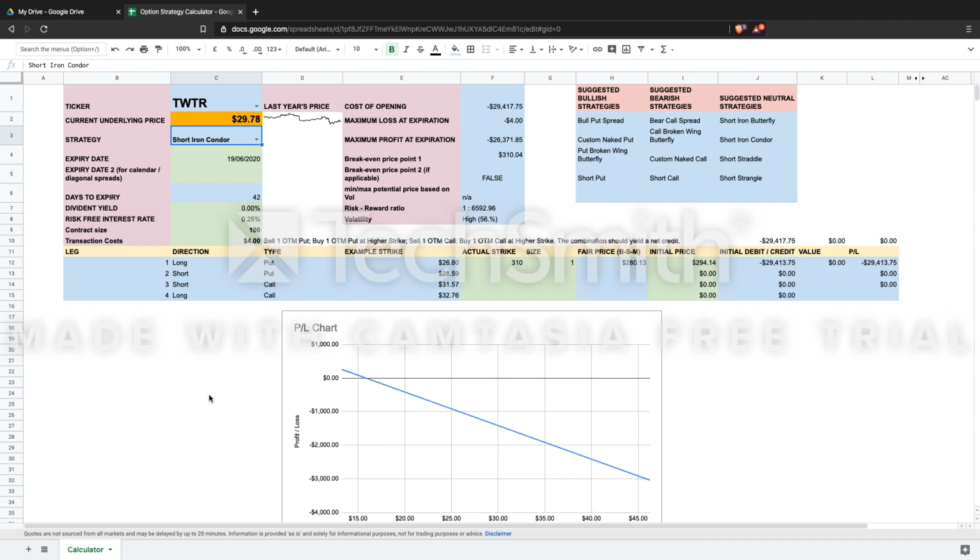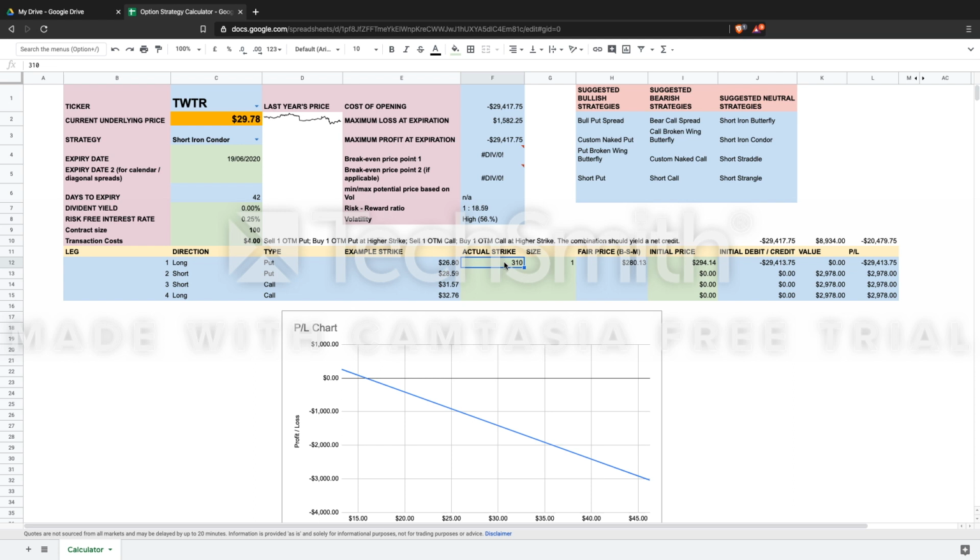And as I said before, when you select a strategy, the fields in blue populate automatically. So in this case, we have 4 different legs that we buy or sell in a short iron Condor strategy.